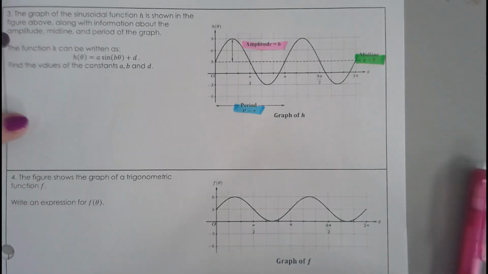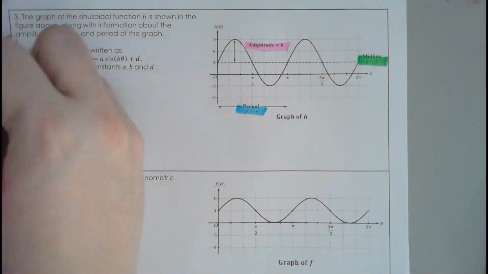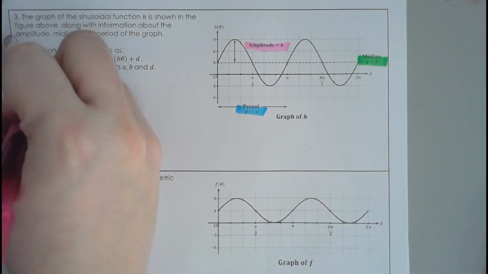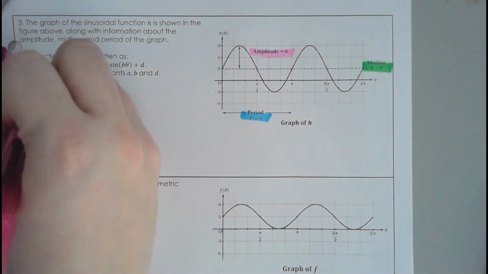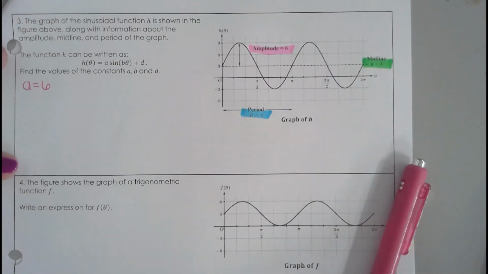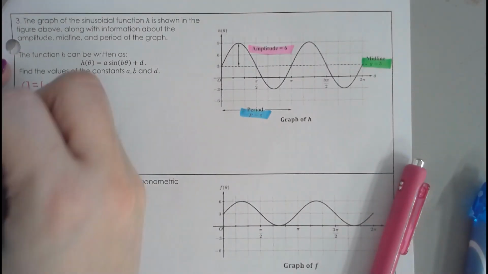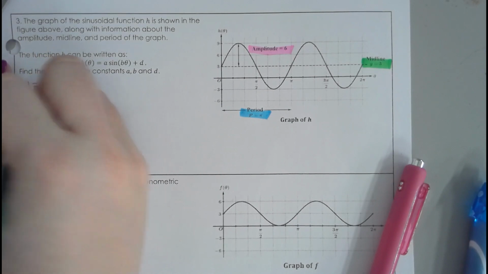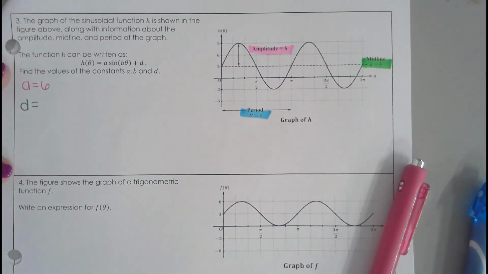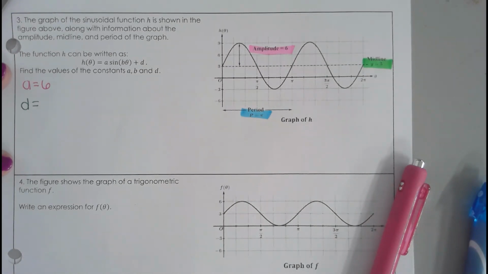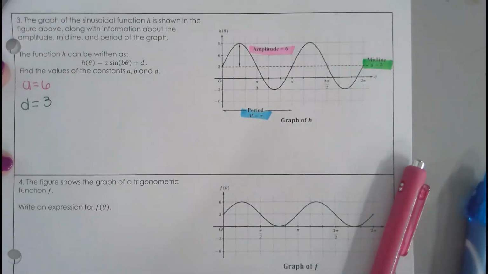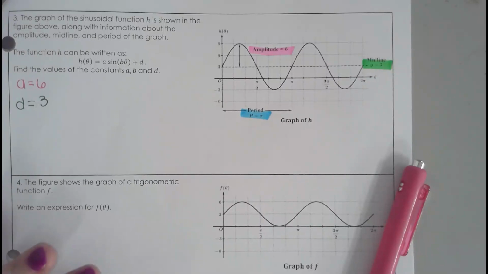So I know already that A is what? 6. The amplitude is your A. The midline, or your vertical shift, D, is what? 3. Now, B is not pi.